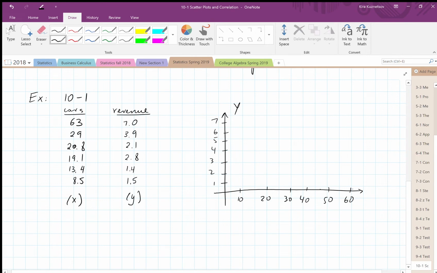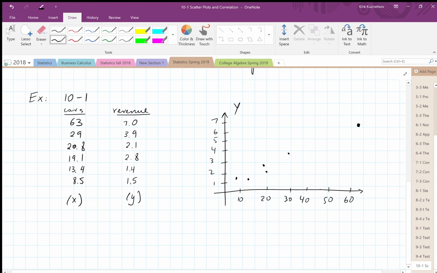And then I can see at 63 I'm up at the 7. That one's far. This is a sketch, if anything. 29 I'm almost at a 4. At 20.8 I'm about 2.1. At 19.1 I'm at 2.8, so there's that point. 13.4 is 1.4, and 8.5 is 1.5.